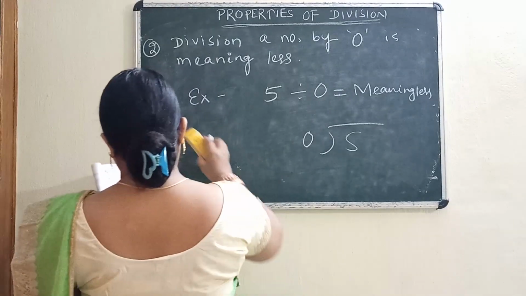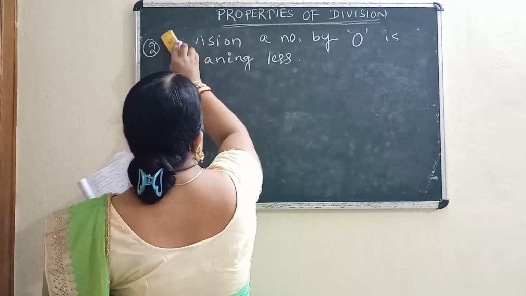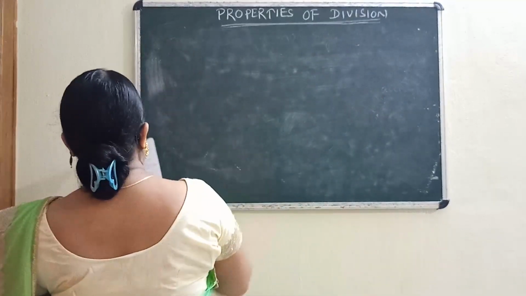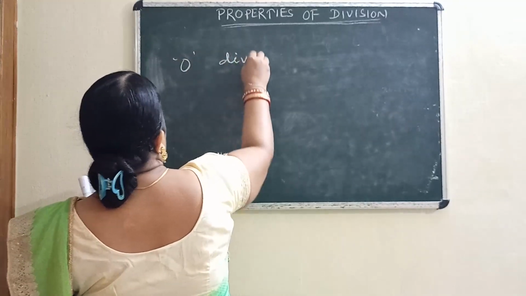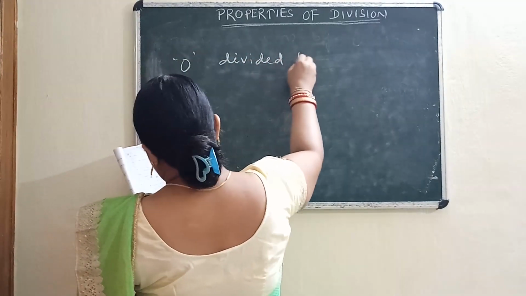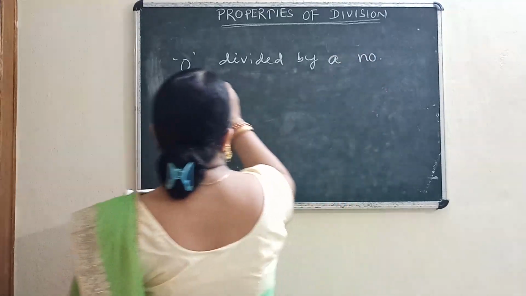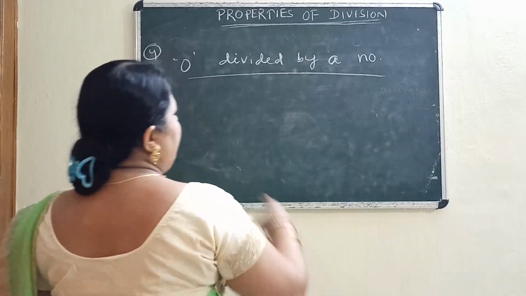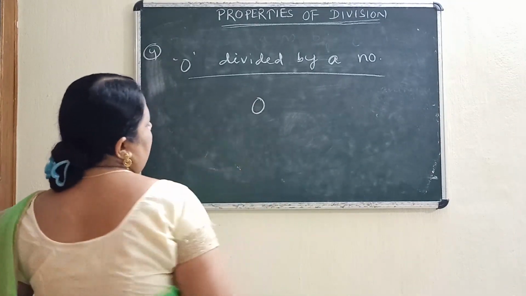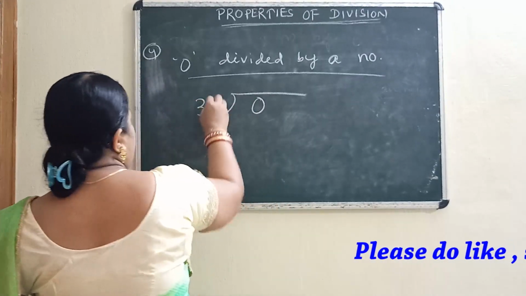Okay, then just reverse it. What is that? 0 divided by a number. This is property number 4. 0 is the quotient and we are dividing by 35.